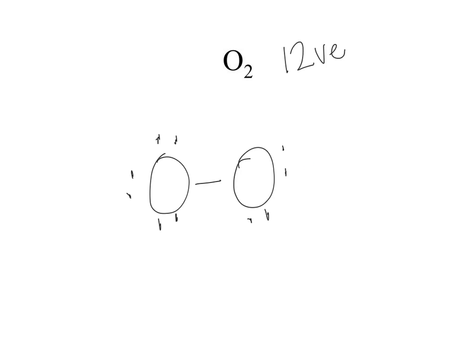So what we're going to have to do is move 2 electrons from this oxygen, and they're going to have to share. So we're going to do that by creating that double bond. So these guys are going to come over here in that bond. So this is what it's going to look like.